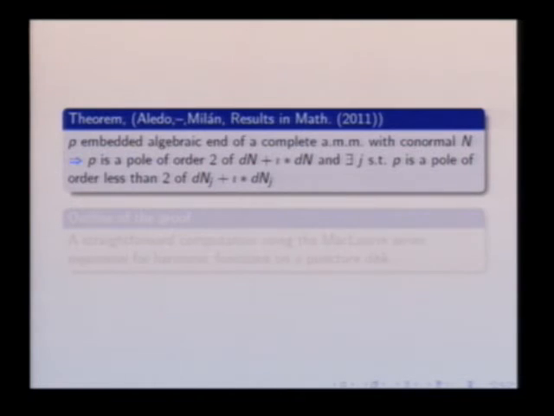In fact, if we consider an embedded algebraic end of a complete affine maximal map with affine conormal N, then we can always prove that P must be a pole of order 2 of this holomorphic one form here, and there always exists a coordinate so that the pole is of order less than 2.